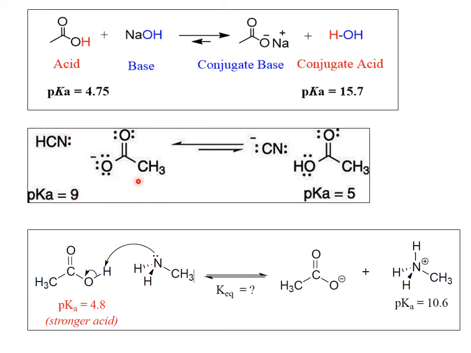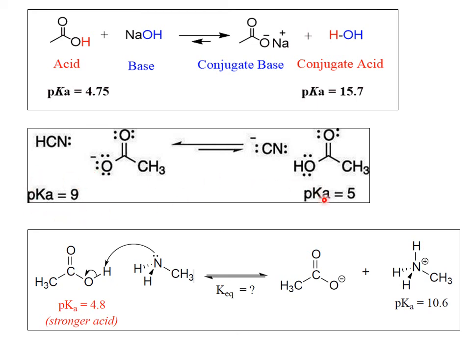Now, let us consider the second example. HCN, and again, this is a carboxylate ion. Hydrocyanic acid and a carboxylate ion. Okay. pKa of HCN is 9. pKa of the carboxylic acid is 5. So, which is the stronger acid?